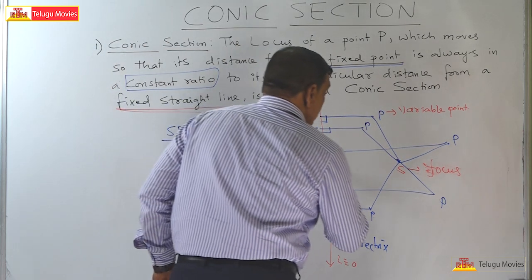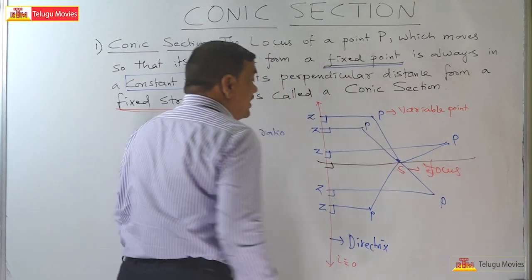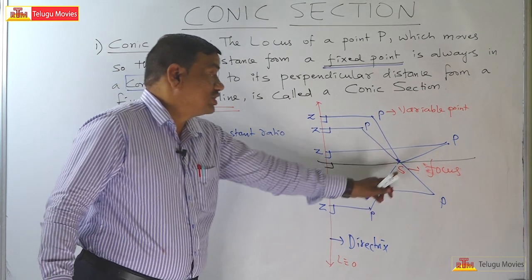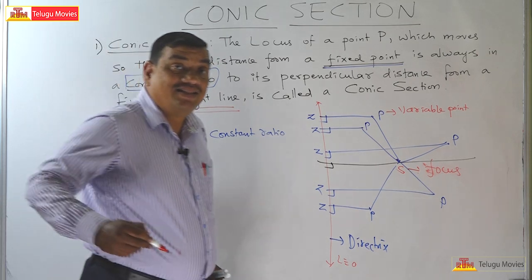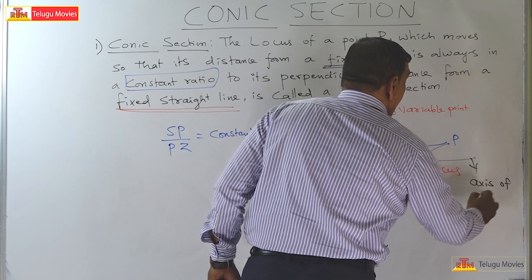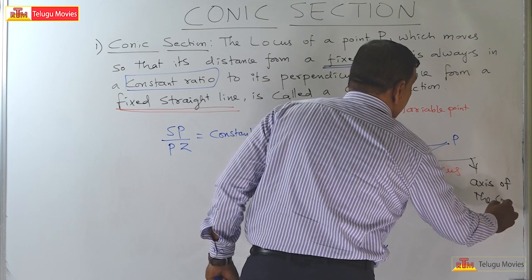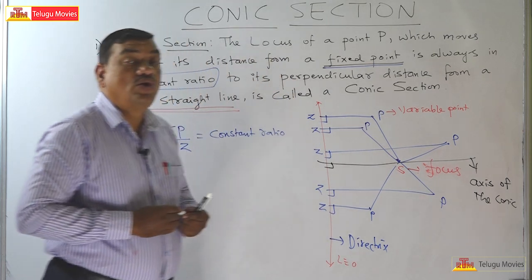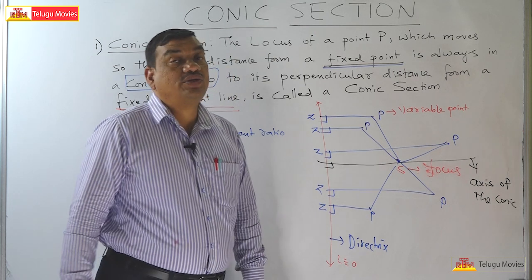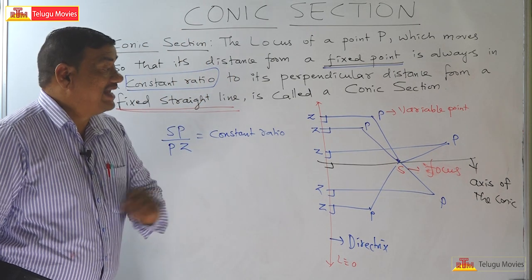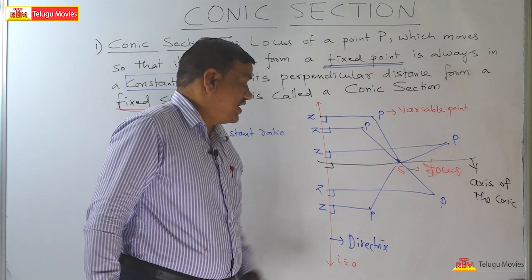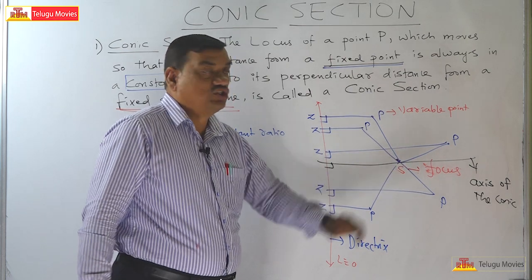That means this is a line which passes through the focus and is perpendicular to the directrix. This is called the axis of the conic. Understand? So variable point, focus, directrix and axis of the conic.